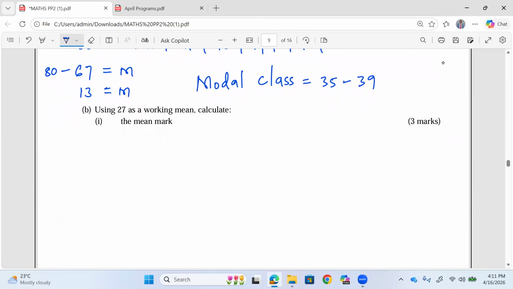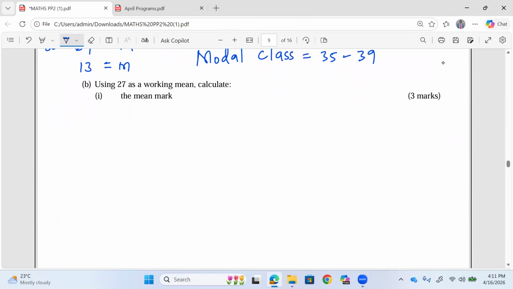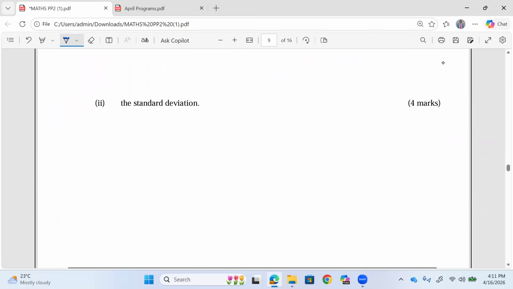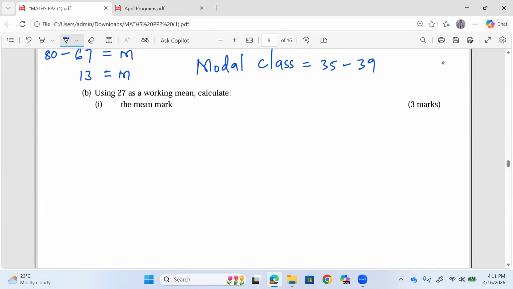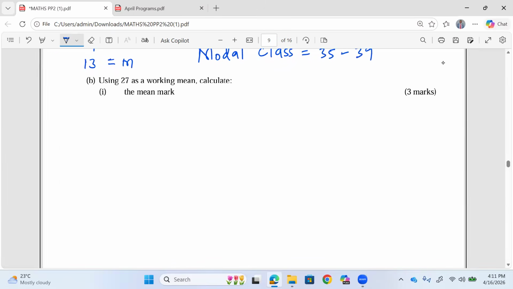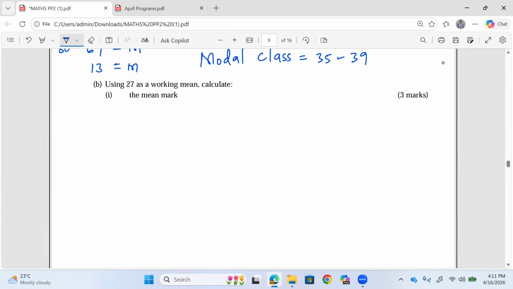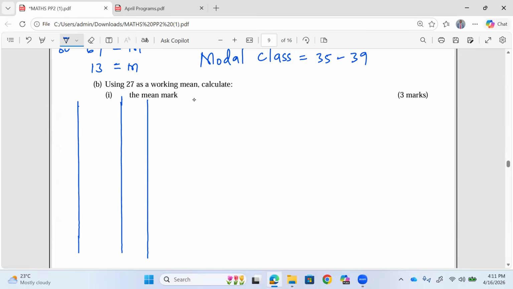Using 27 as a working mean, calculate part 1, the mean mark, and part 2, the standard deviation. When we talk about working mean, it means assumed mean. That's another name for assumed mean. So allow me now to manipulate this data and arrange the values this way. I start with the classes. Then frequencies, then midpoints of every class.